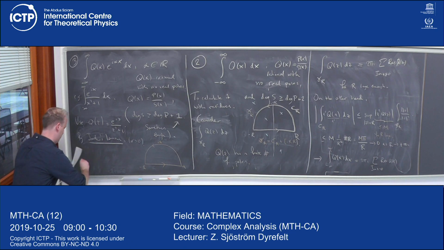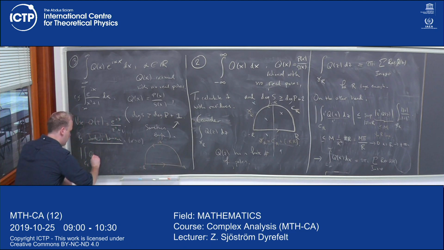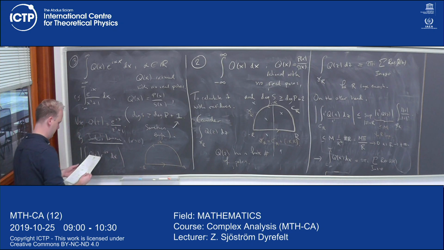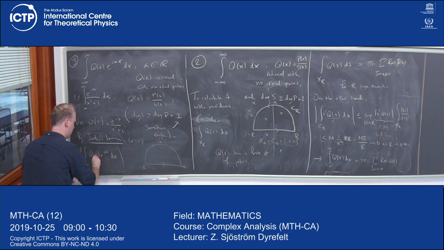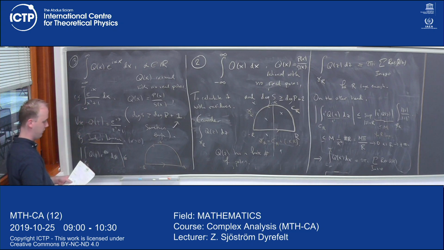Then Jordan's lemma gives you that the absolute value of the integral along this semicircle part of q of z times e to the i alpha z dz is less than or equal to, do you remember what it was?